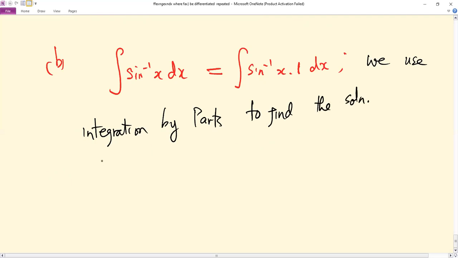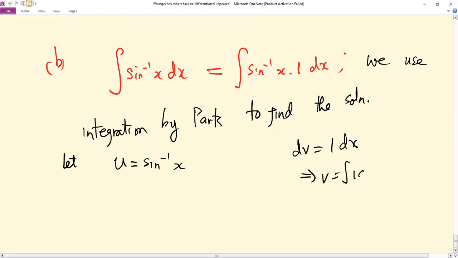So we let u be sine inverse of x and let dv be 1 dx. This means that v would be the integral of 1 dx, which is just x.